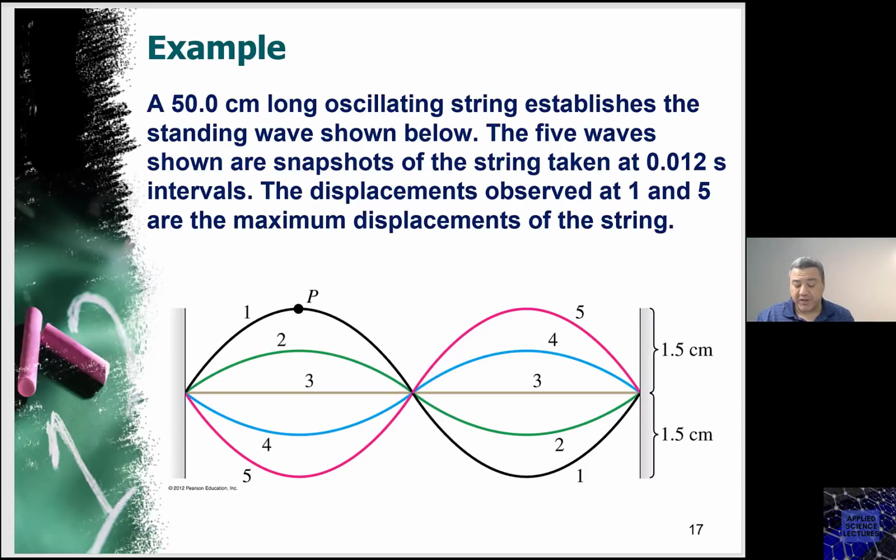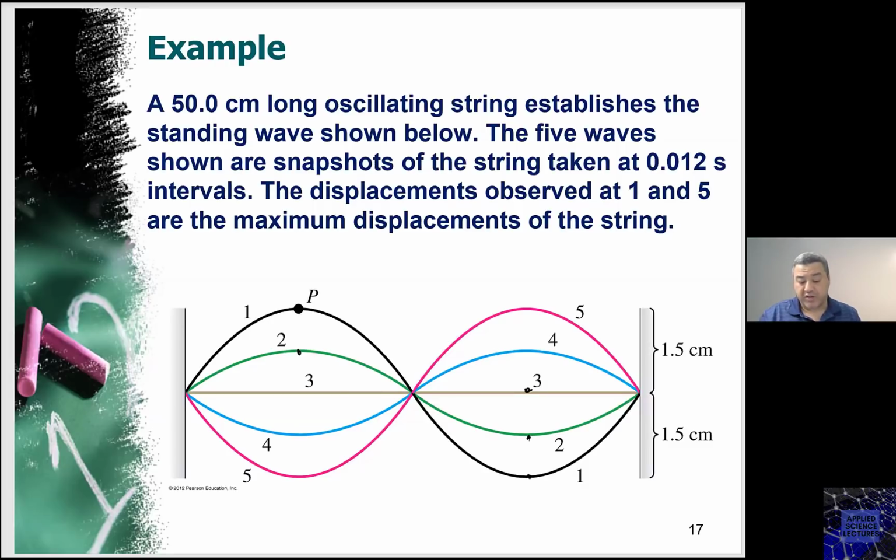So what's happening here? At the first time interval, this, 1, is the function of the standing wave. And then the second time, as I said before, they kind of vibrate this way. So this peak is decreasing, this peak is decreasing. The third time interval, it becomes completely destructive.